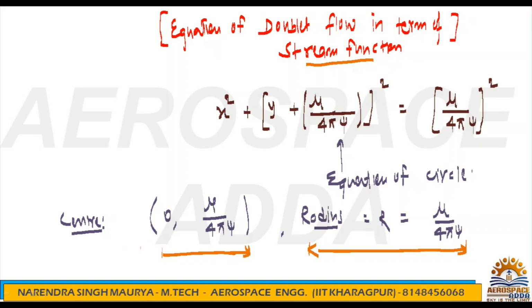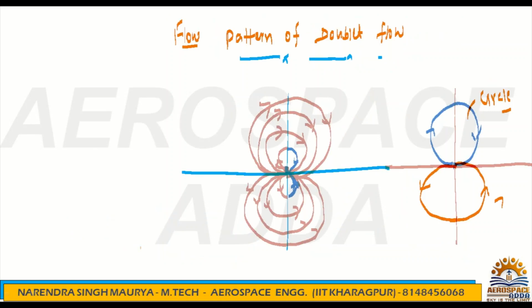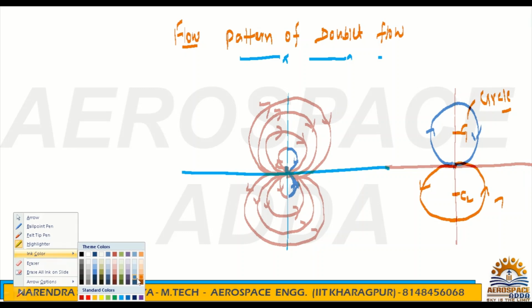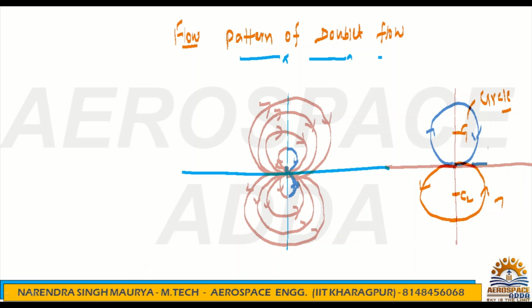If you check where the center is, again in the single diagram, see where the center is. This is the center, that is C1, this is C2. So the center is nothing but from here to here, this is mu upon 4 pi psi.